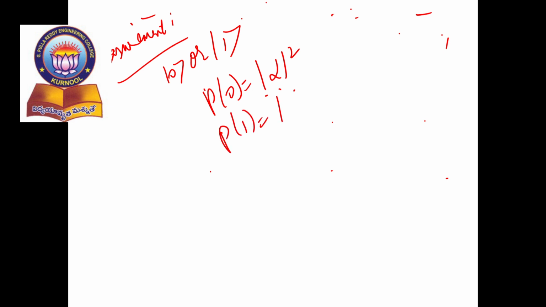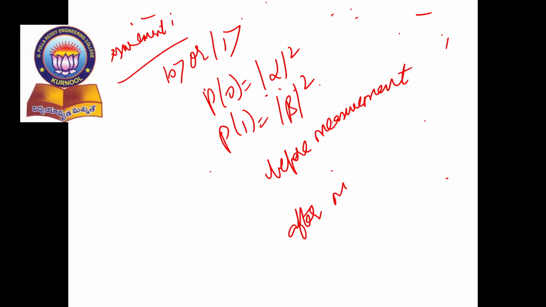When we measure the qubit, it collapses to either 0 or 1. P of 0 is equal to alpha squared and P of 1 is equal to beta squared. For measurement, we can also consider before measurement and after measurement.